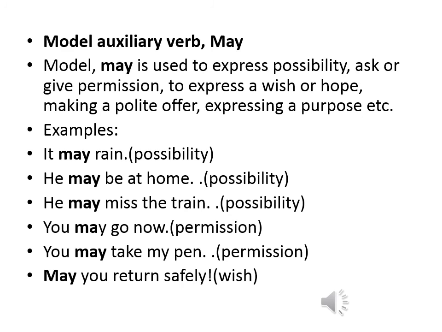For instance, we could use may in sentences such as: it may rain, he may be at home, he may miss the rain, you may go now, may I take this pen, or may I go out, and so on.